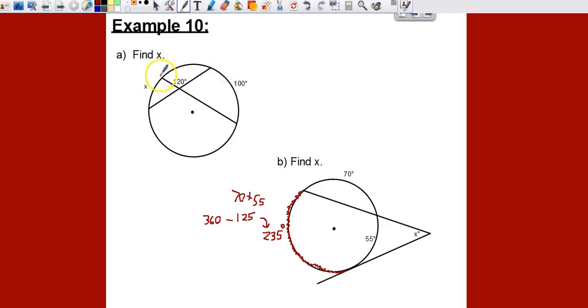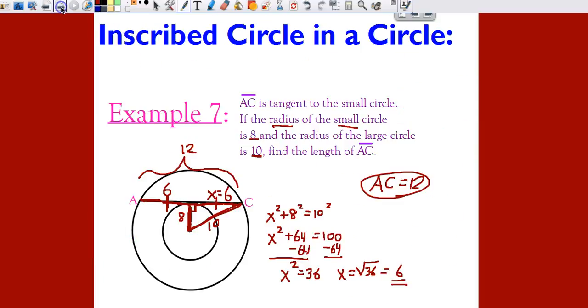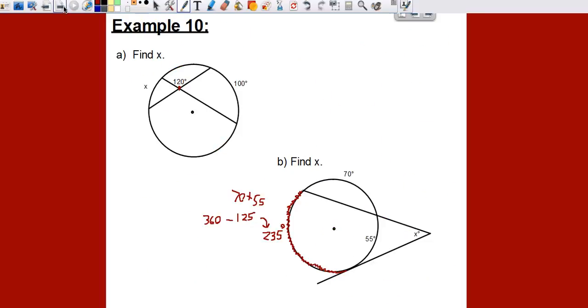Okay, so we're looking at letter A, and I noticed that my angle is not in the center of the circle, but it's inside the circle. So we want to use this inside formula. It's going to be angle equals 1/2 arc plus arc. Now I want you to keep in mind something. The angle that's up here doesn't represent the two arcs here.